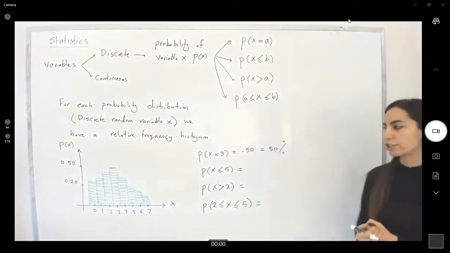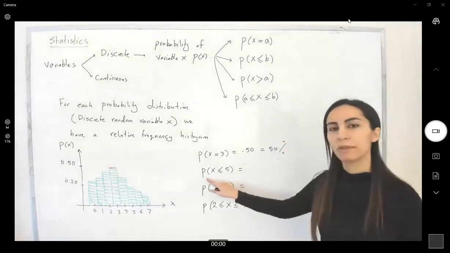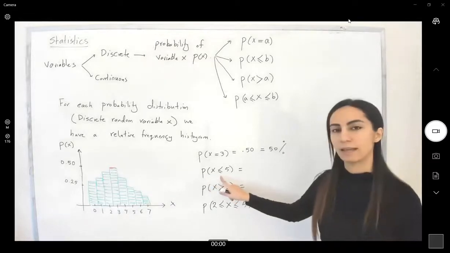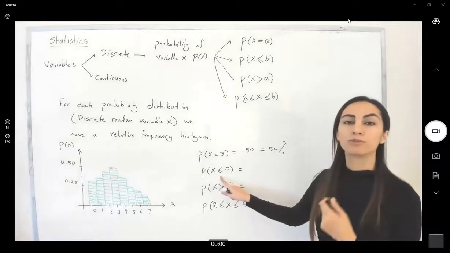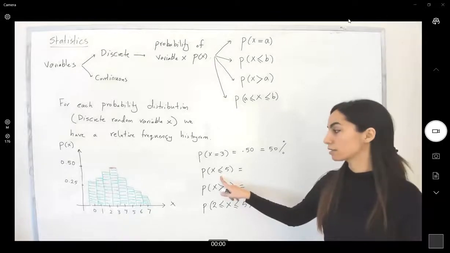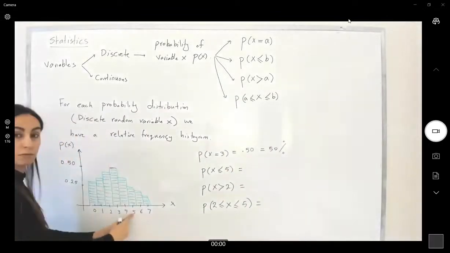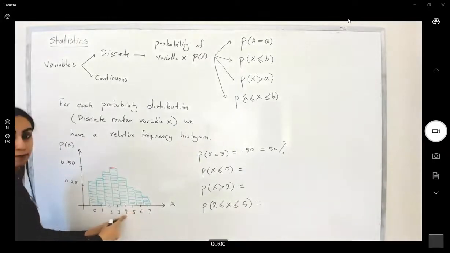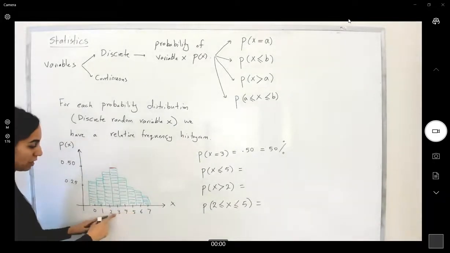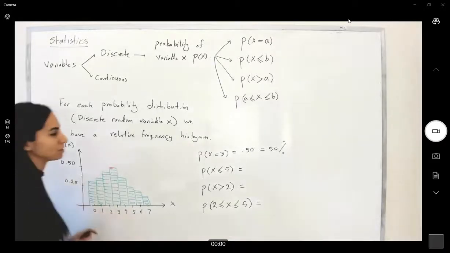Now, what if the question says, find the probability that x is less than or equal to 5? What's the meaning of that? It means that x can be 5, x can be 4, it can be 3, it can be 2, it can be 1, and it can be 0.